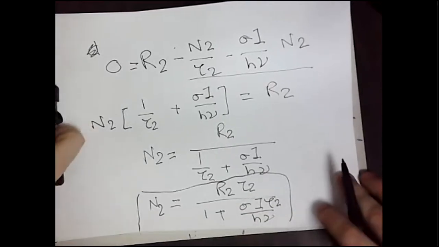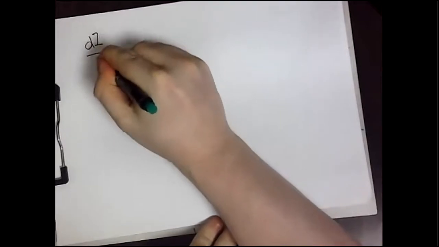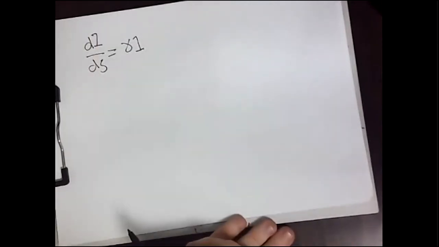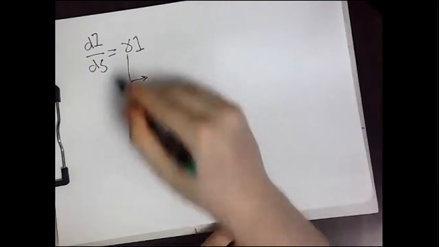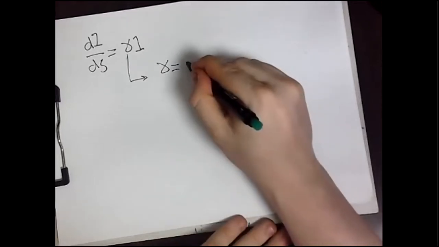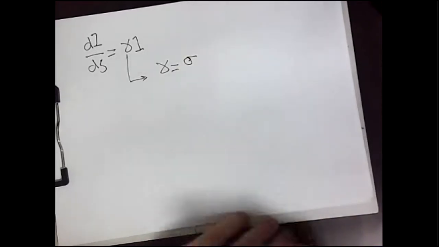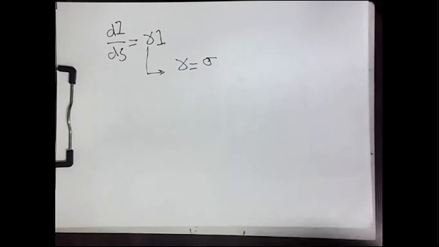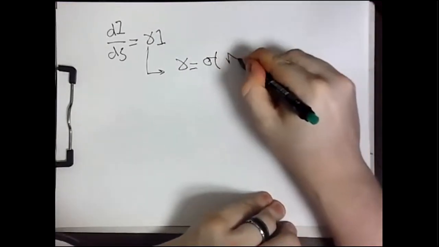Let's return to one of the important equations we have studied together, which is dI/dz equals gamma times I. If you remember, this is the gain equation. My dear student, gamma equals sigma times (N2 minus N1).